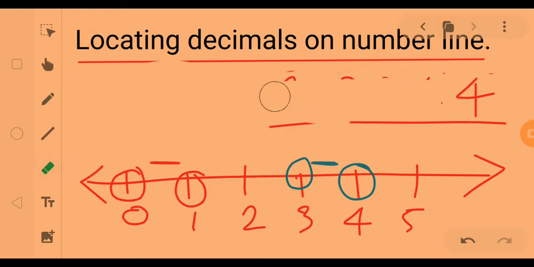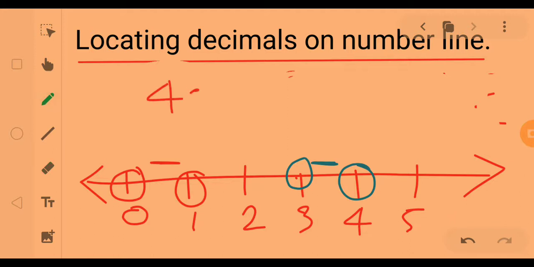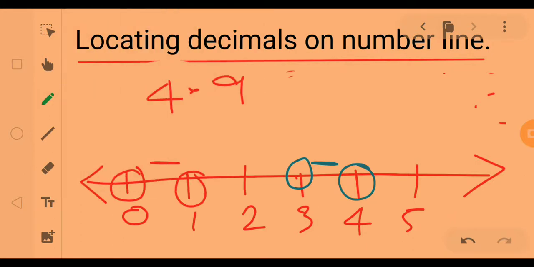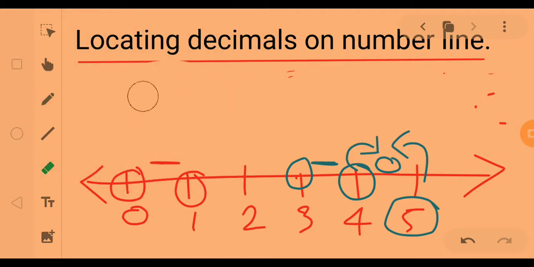Let us see one more number. The next number we have is 4.9. Look at the whole number line: 4.9 is after 4 but before 5, so somewhere here. Between which two whole numbers? Between 4 and 5. So how do we write this using the symbol?